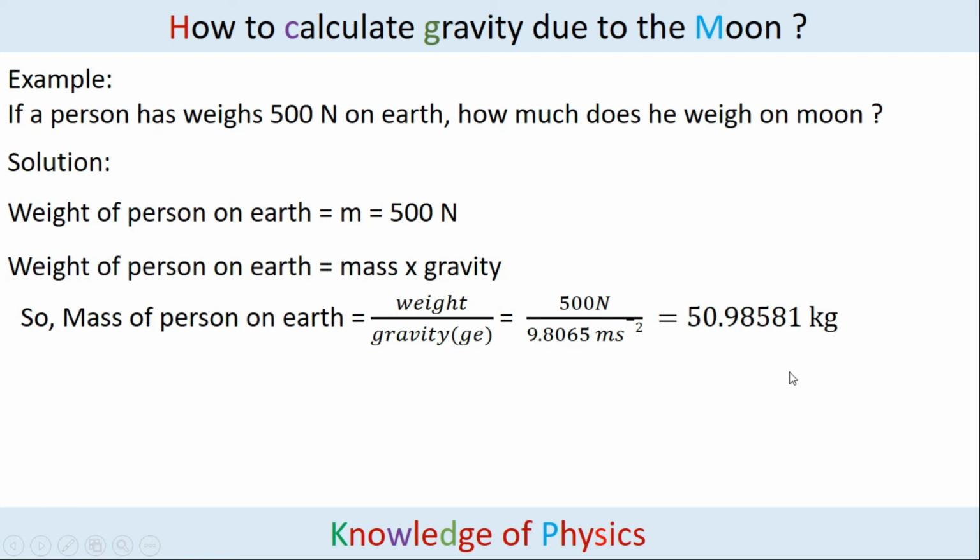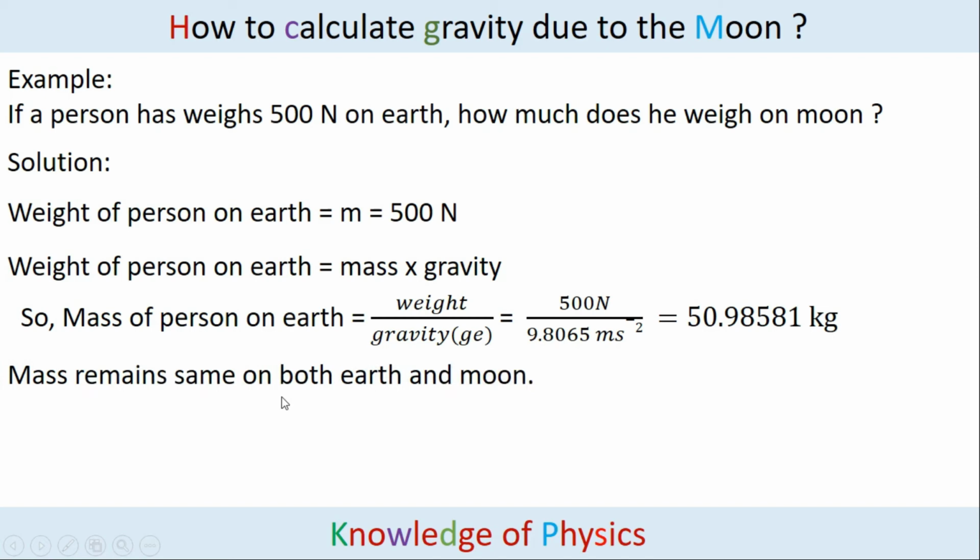So actually his mass is 50.98581 kg. The weight measuring machine shows this value, not weight, because if you check the units there, it shows kg. So this is the mass, not weight actually. If mass is multiplied by gravity, then it becomes weight.